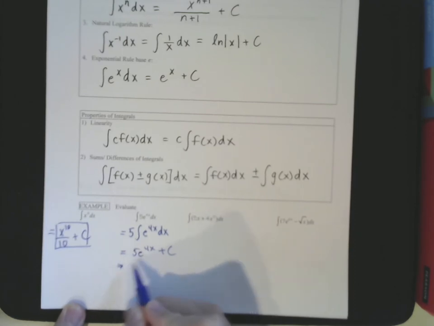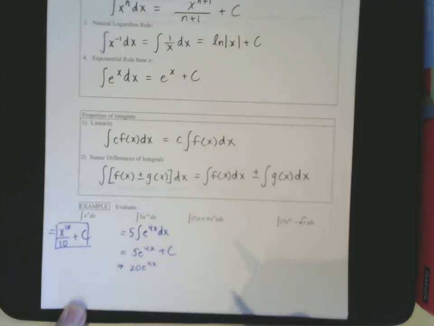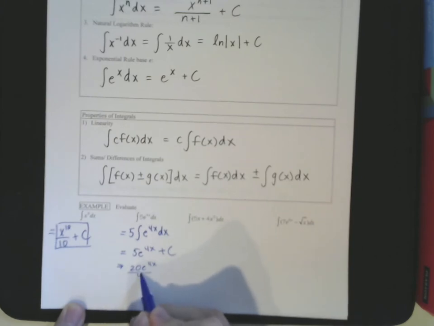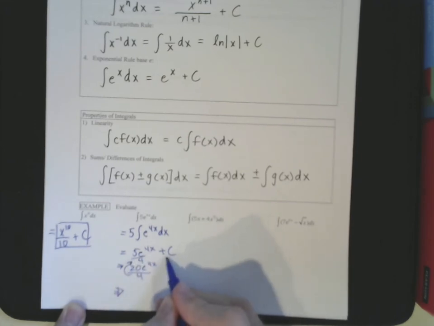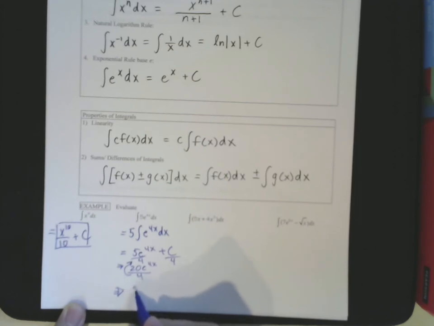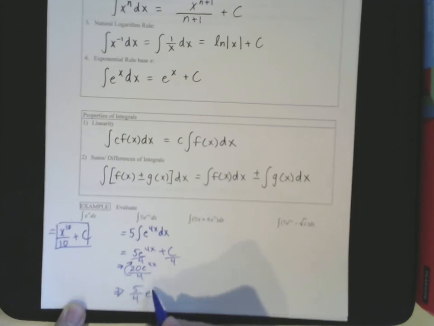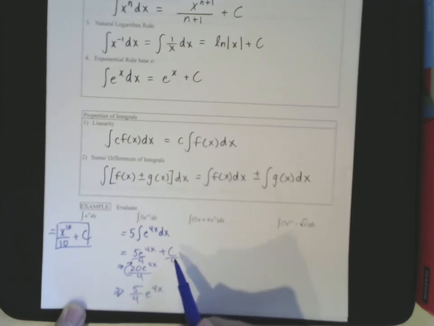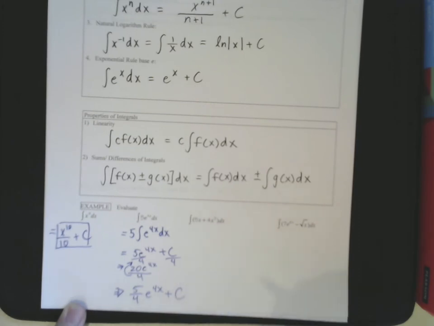So if we take the derivative, this is going to give us 20 e to the 4x. That's too many by a factor of 4, so we divide by 4. And so our final answer is 5/4 e to the 4x. Now I do divide c by 4, but c divided by 4 is just another constant, so we can just write this as plus c.